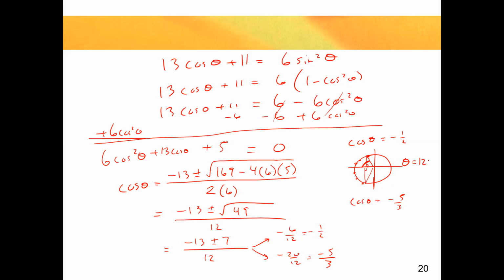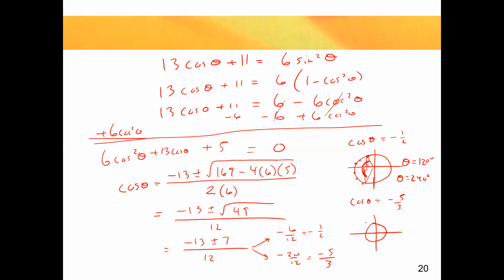Hayden, all yours for the next one then. We're a 60-degree angle away from 180. 240 is perfect.